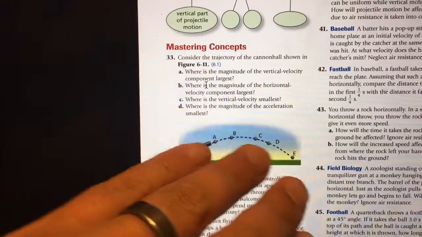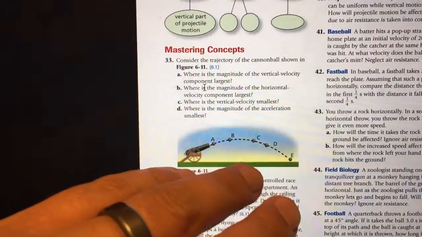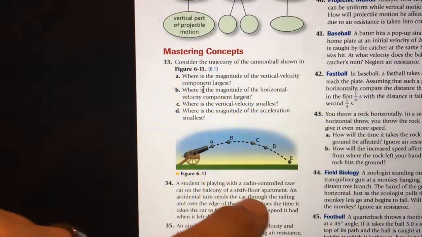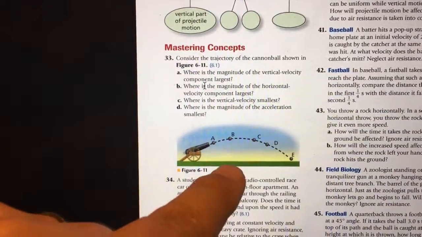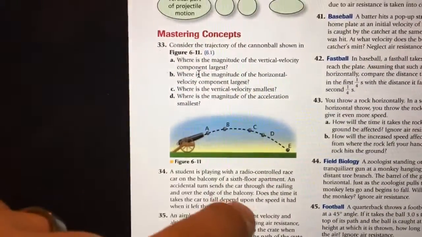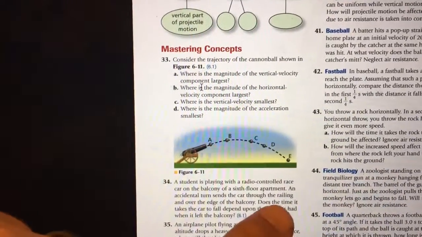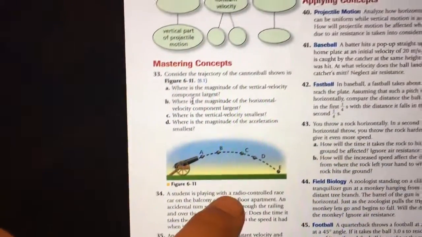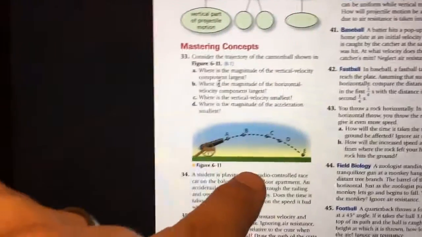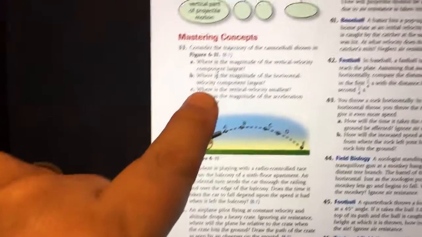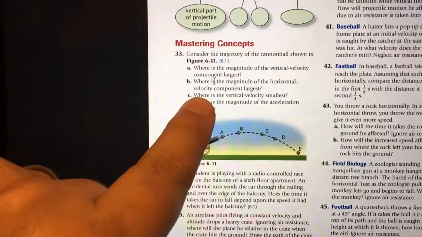It's always traveling the same distance horizontally. The only thing that's changing is the vertical position, and that's because of the acceleration of gravity. There is no acceleration in the horizontal direction when we think about projectile motion because we ignore something. What do we ignore that would normally slow us down? Friction.